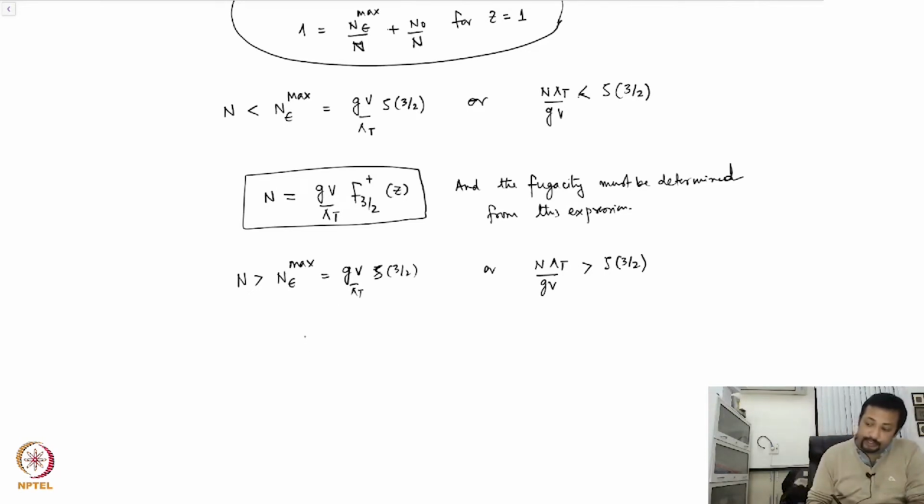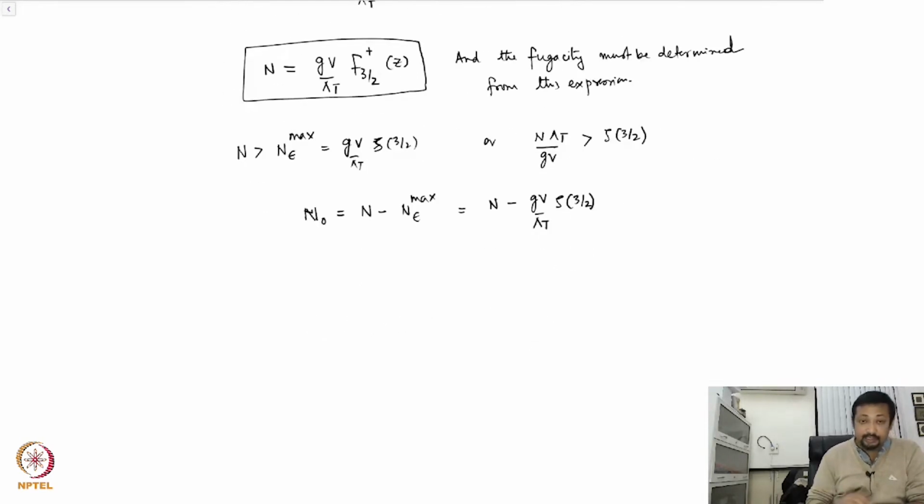Therefore, in that case, your N0 is given by N minus N epsilon max, which is N minus GV over lambda T zeta 3/2.